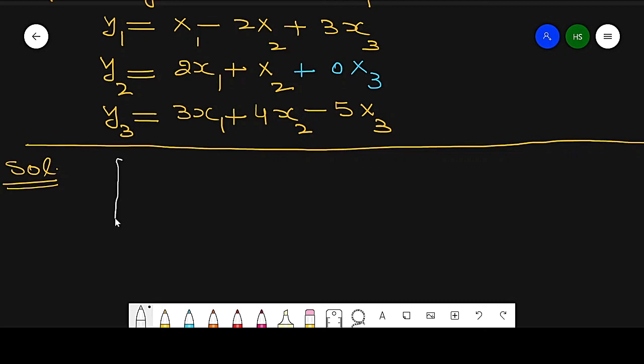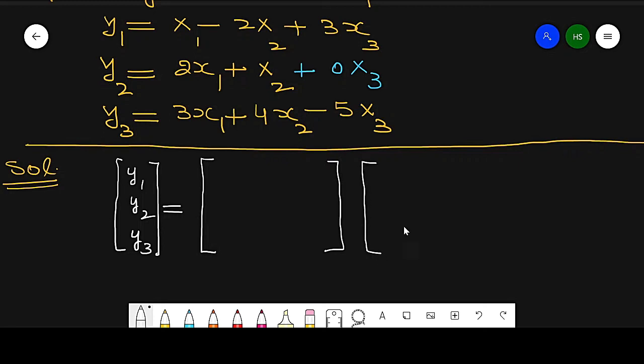So this matrix form is y1, y2, y3, equal to the coefficient matrix, times x1, x2, x3.